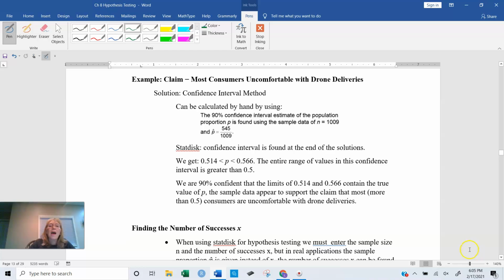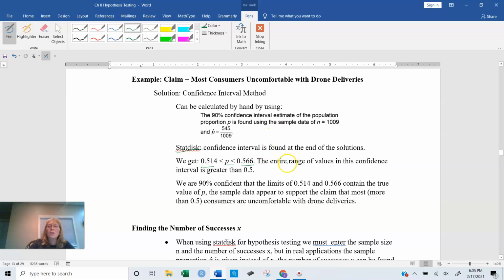All right, last is the confidence interval. We have already looked at this actually. It can be calculated by hand using your 90% and your p-hat, but if you looked at StatDisk, it was already done for us. If you looked at the bottom, we had 0.514 is less than p is less than 0.566. So this is our range.